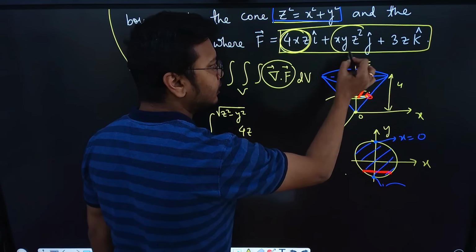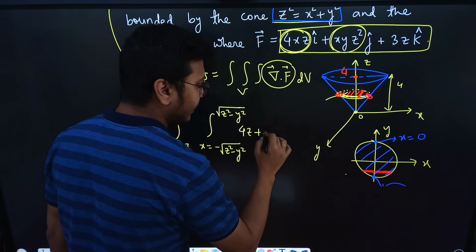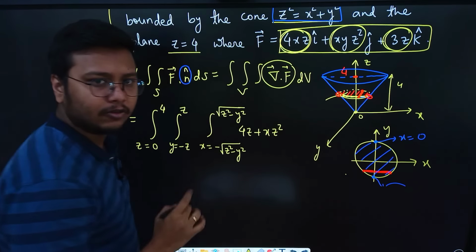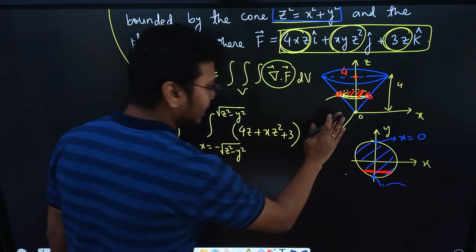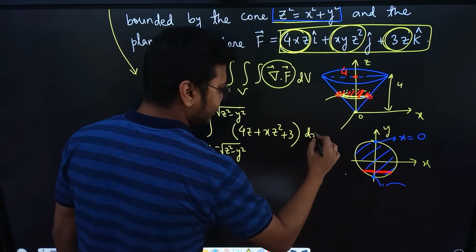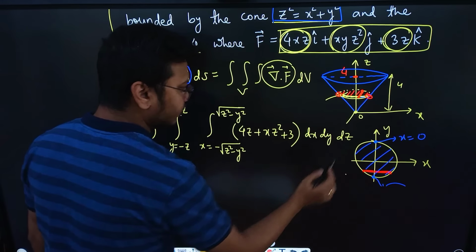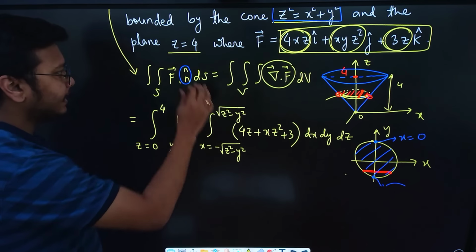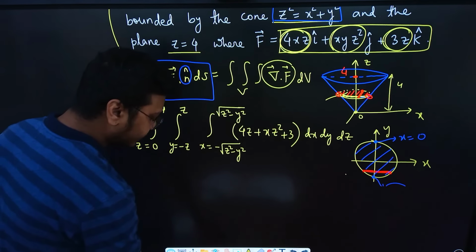Partial derivative of xyz square with respect to y will give me xz square, and partial of 3z with respect to z, that will give me 3, and I'll be having dv, or I'll write just dx, dy and dz, right? So that's our integration that we have to do, and whatever value we'll get, that will be the required answer.